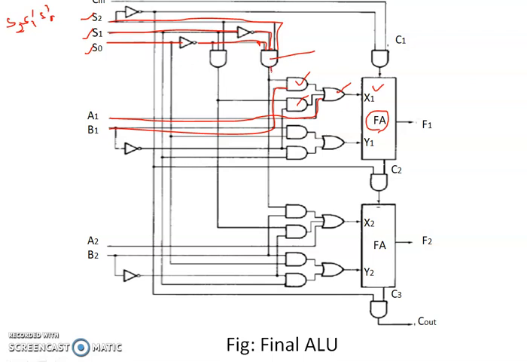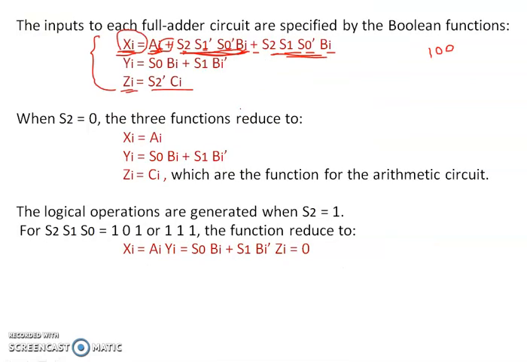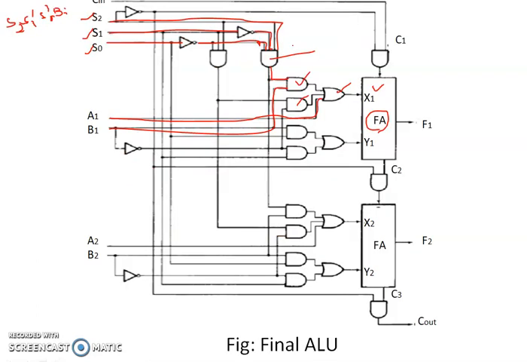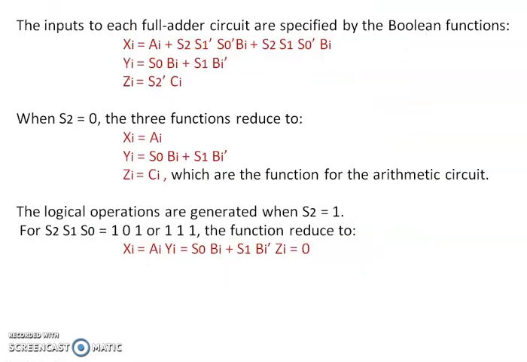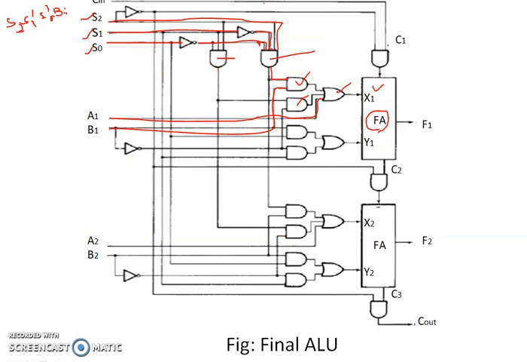And from this AND gate, it will be given as an input to another AND gate where the BI input is given. Okay, so that is the second term. In the third term, it is S2, S1, S0 complement. For that also, we are making use of an AND gate to combine S2, S1 and S0 complement.